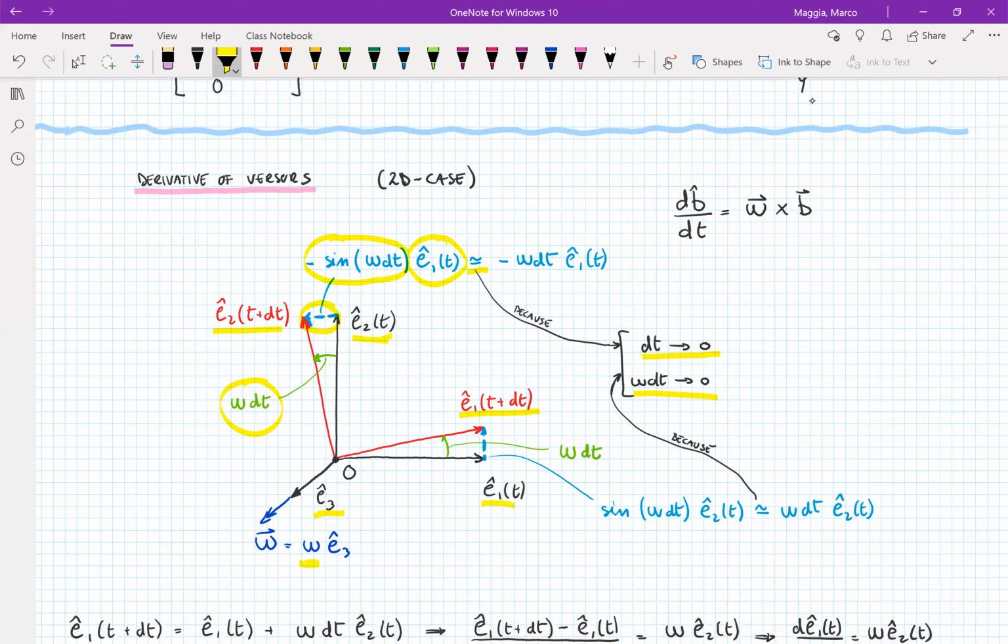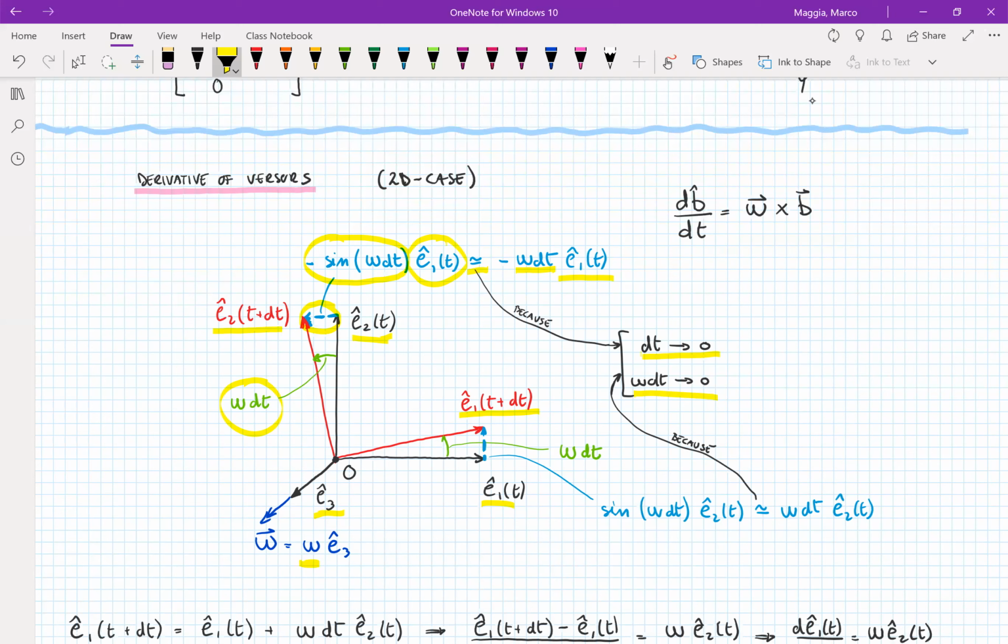So omega dt also tends to zero. Therefore, I can approximate the sine of omega dt with omega dt itself. So the difference between the E2 versor at two different times is given by minus omega dt times E1(t). Why times E1(t)? Because it's simply in the E1 direction at time t.